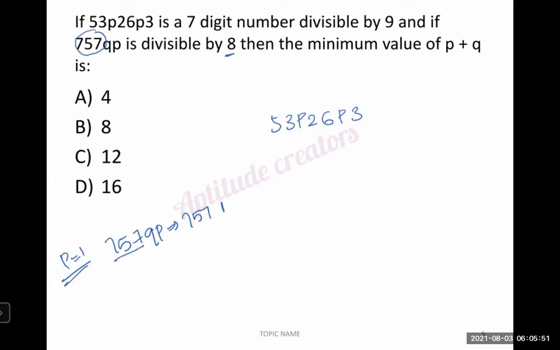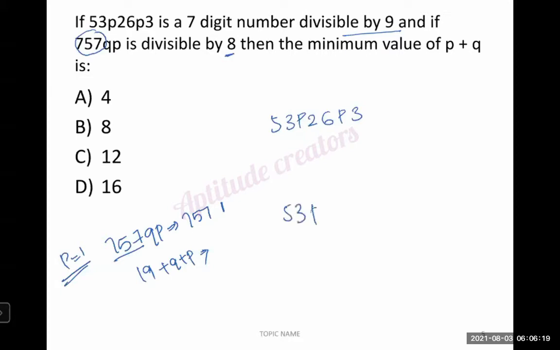This is about what? 19. 19 plus Q plus P is divisible by 9. The number is divisible by 9, and if 757 is divisible by 8, he's saying that divisible by 8. Okay, sum of the digits is divisible by 9.